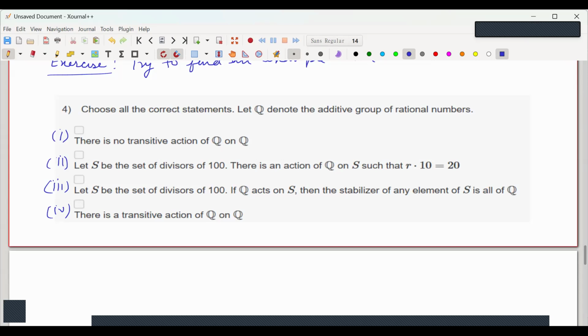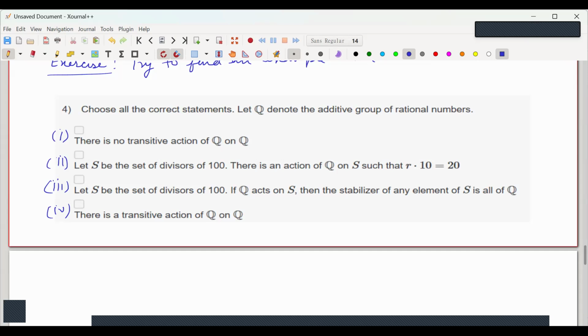So given a group G, given a set capital X, G is acting on X, then the action is said to be transitive if the number of orbits with respect to that action is one. So there is a singleton orbit. Whatever you were saying, let me use that language to tell you the definition of transitive action.